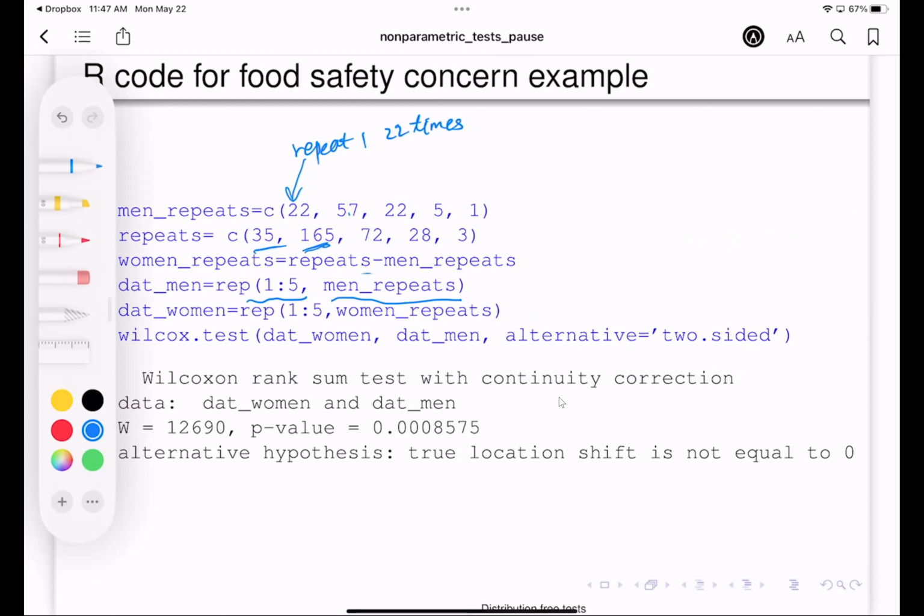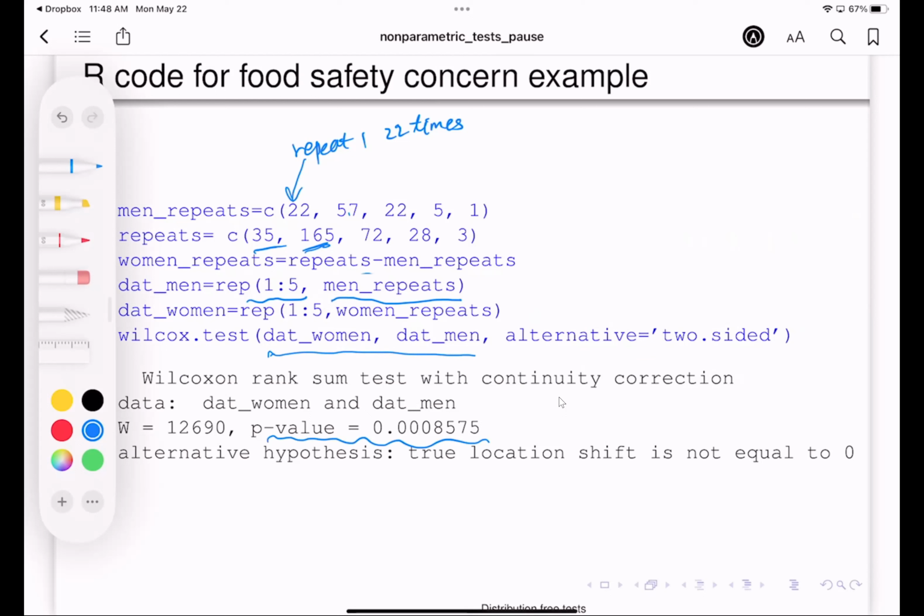Once we do that, you can check that dat.men contains 1 22 times and 2 57 times, and so on. Now you're ready to do the Wilcoxon test on the data. You put dat.men and dat.women in there, specify alternative as two-sided, and we get our statistic and the p-value. In this case, our p-value is 0.008575.